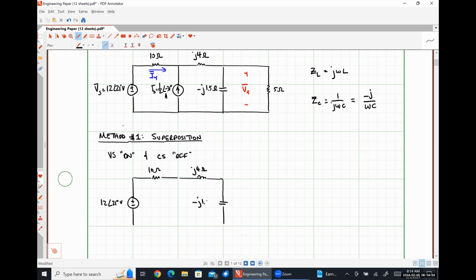Here's our minus j1.5 ohm capacitance. Then there's our 5 ohm resistance. I'm going to call this current Iy prime, and I'm going to call this voltage Vx prime.